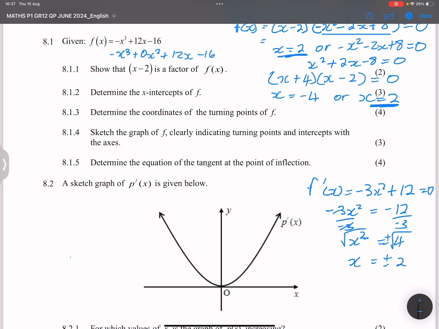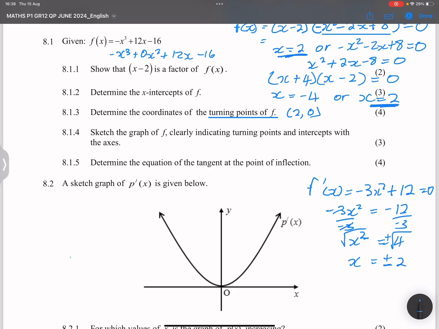Now, do you see that positive 2 does appear there? We did say that this will be our turning point as well. But remember, we are looking for the coordinates of the turning point. So I know that one of my coordinates will be at 2 and 0 because I've already found out that my x-intercept is 2 and 0.